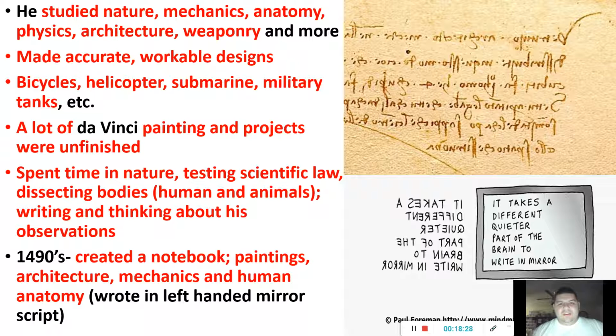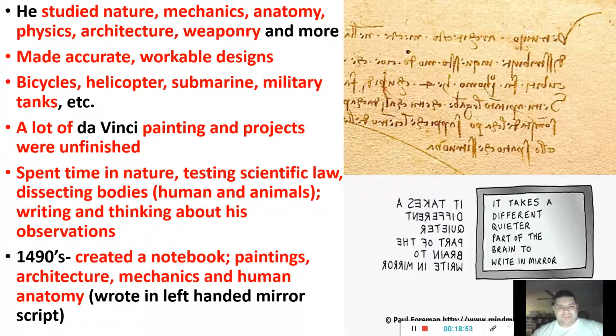What does it say? But if you take a mirror and put it to the side of the message, you could read it. It'll make complete sense. It's called mirror writing. So there's the example on the bottom right there. It says it takes a different, quieter part of the brain to write in mirror.